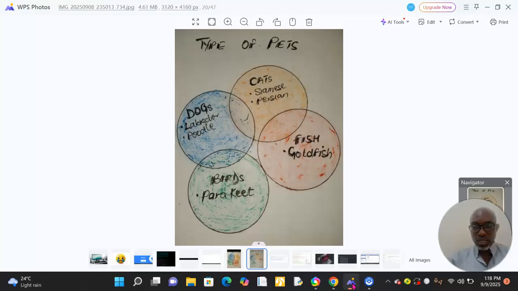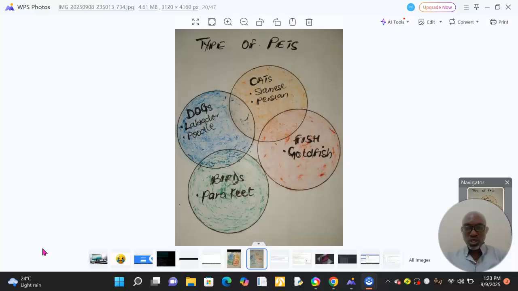Dogs and cats have some similarities, but birds and fish don't overlap at all. This means no pet is both a bird and a fish. Now, let's answer some questions about this Venn diagram.